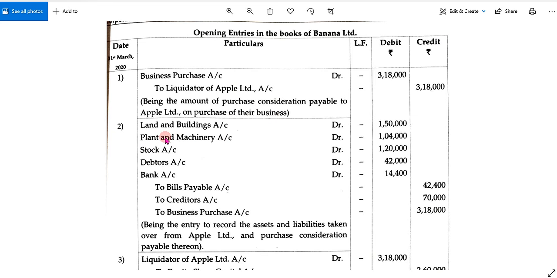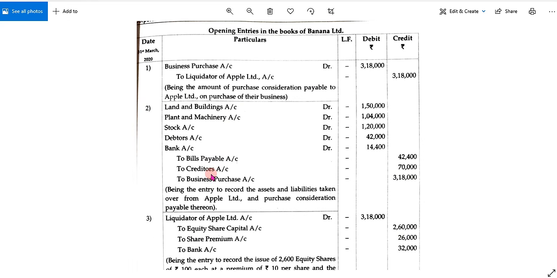Assets were revalued by Banana Limited: land and building, plant and machinery, stock, debtors, bank account, to bills payable, creditors, and purchase consideration. Basically these are the entries which were given in the realization account.